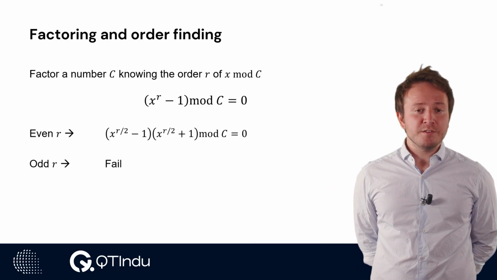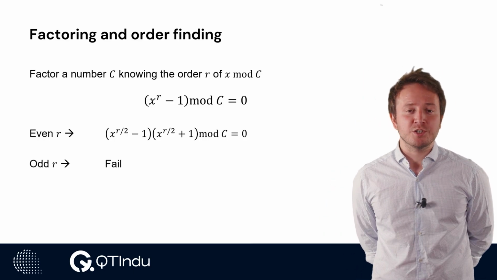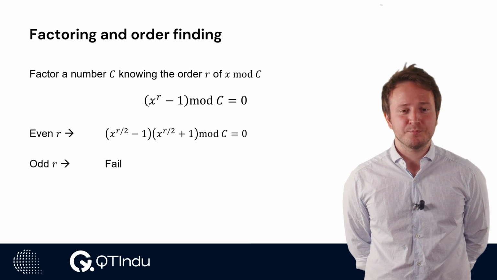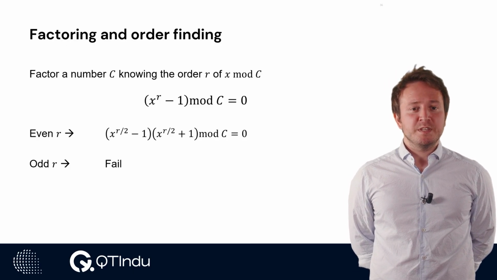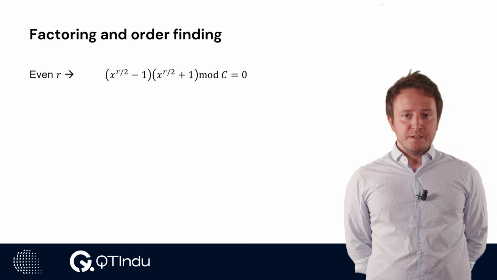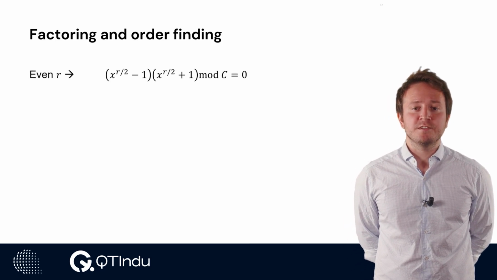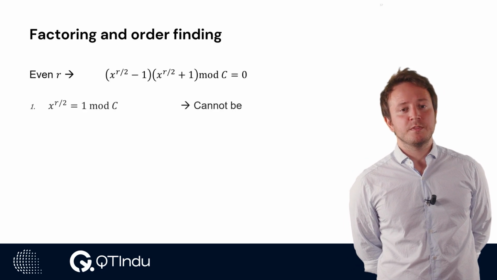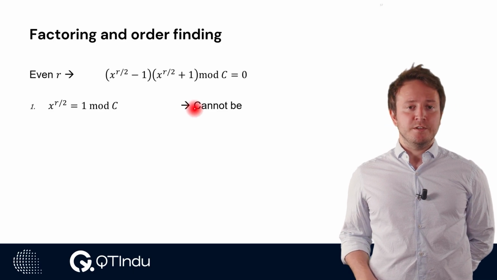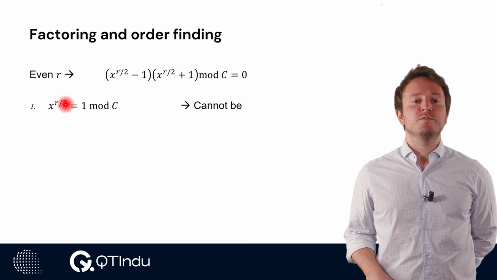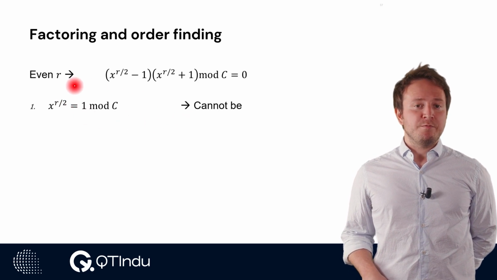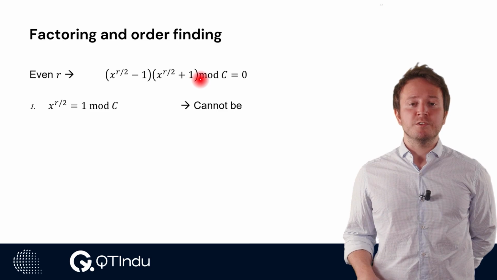If the order r is odd, actually we need to fail. We fail and we need to start again. But if r is even, then this equation tells us everything that we need to know. In particular, if x to the power r/2 is equal to 1 modulo c, we would have problems because one of these two terms would be 0.